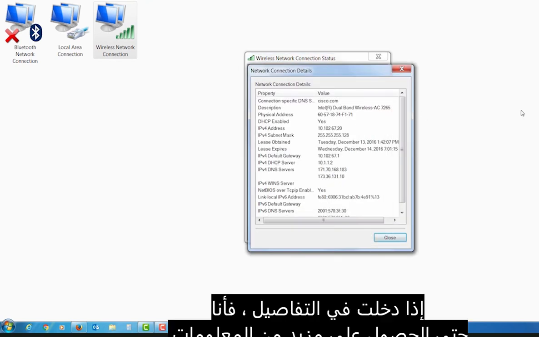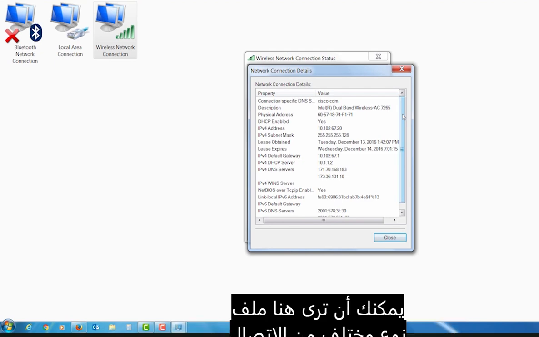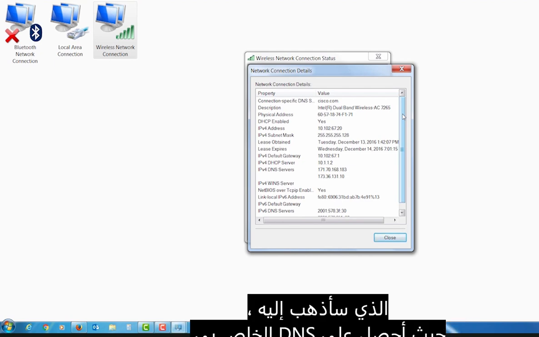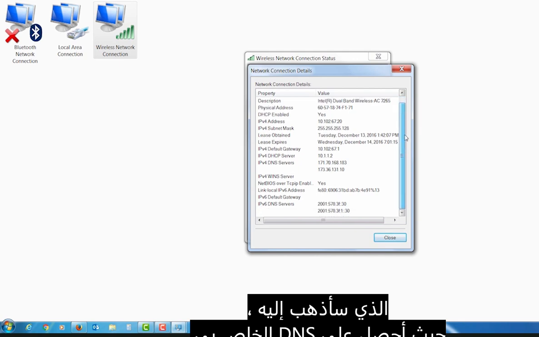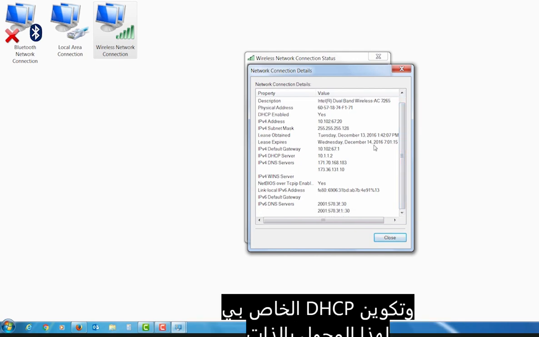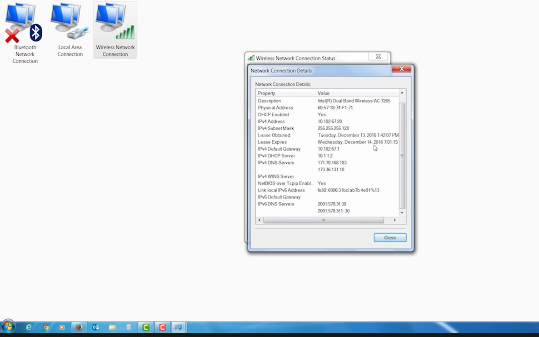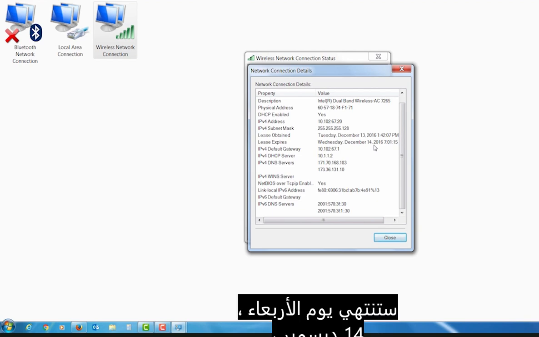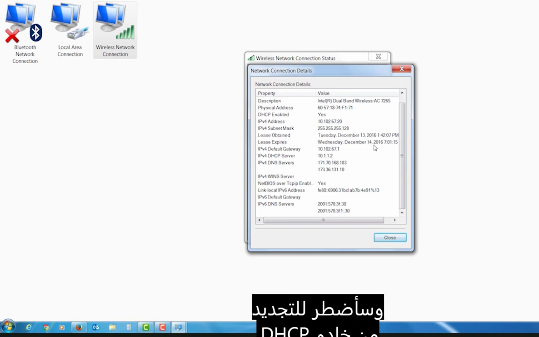If I go into the details, I can even get more information. You can see here the different type of connection that I am going to, where I'm getting my DNS. And my DHCP configuration for this particular adapter will expire on Wednesday, December the 14th, and I'll have to renew it from the DHCP server.